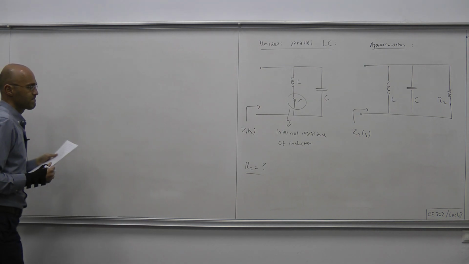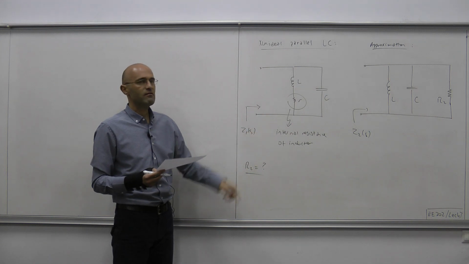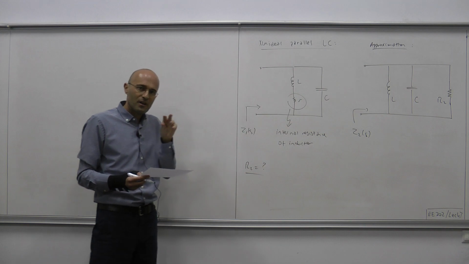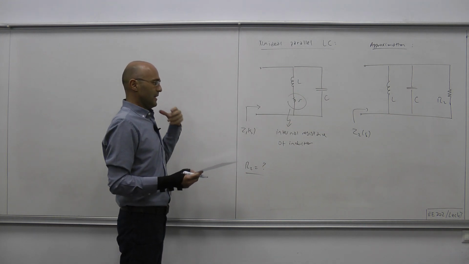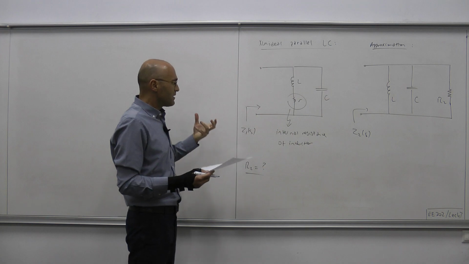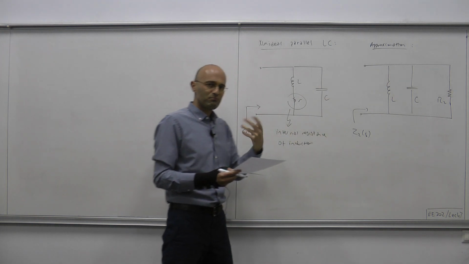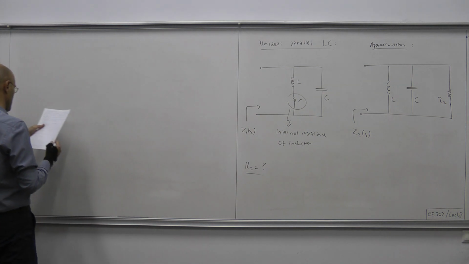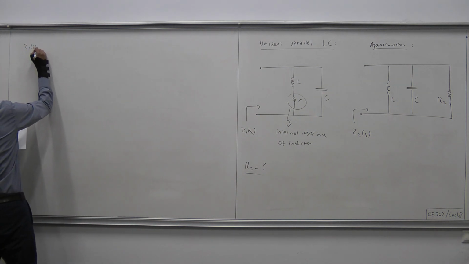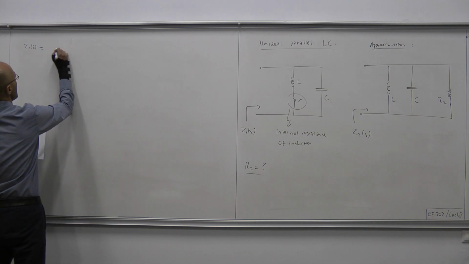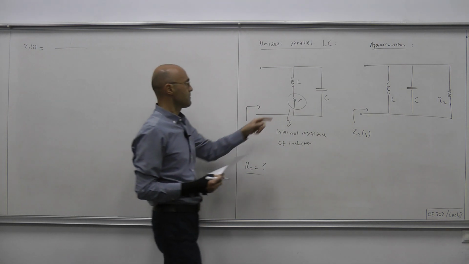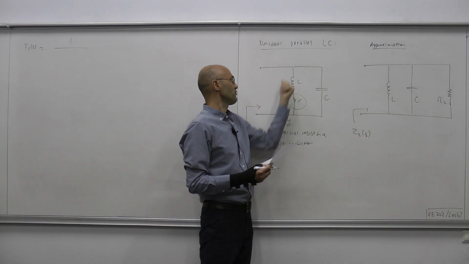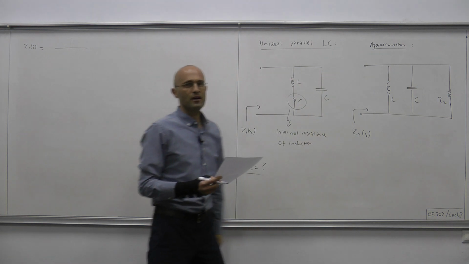To find R2, let's obtain Z1 and Z2 and compare them, and by choosing R2 in an appropriate way, let's try to make Z2 close to Z1 in some sense. So what's Z1? Z1 of s, the impedance, is 1 over the equivalent admittance, and the equivalent admittance is the admittance of this branch plus the admittance of the capacitor.